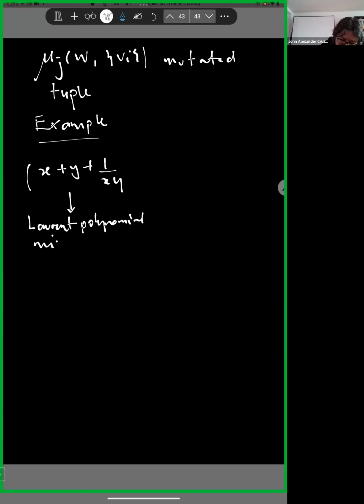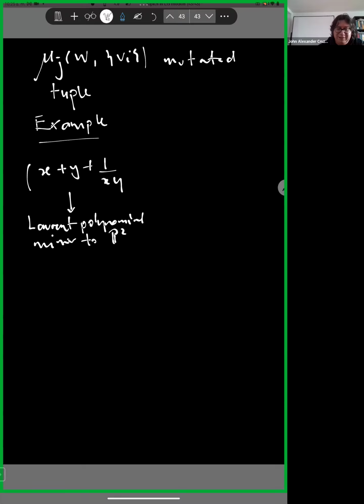Maybe this is easier if you look at an example. Consider the following Laurent polynomial: x plus y plus 1 over xy. If you remember, last time we saw that this is the Laurent polynomial mirror to CP2, the projective plane.